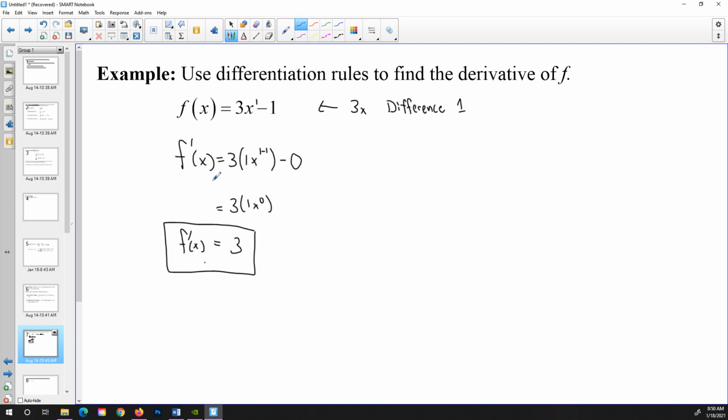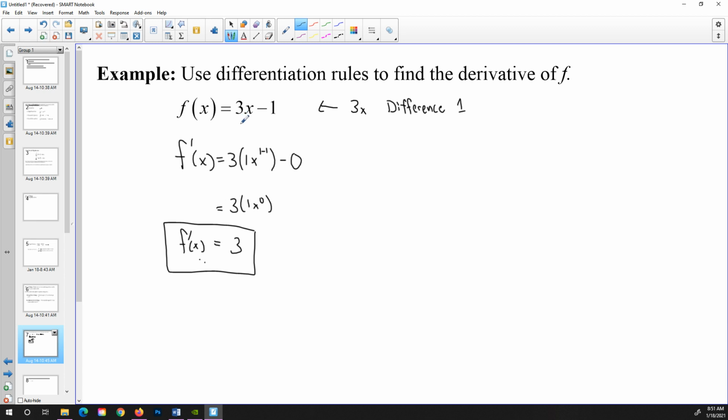Now remember, what does the first derivative give us? It gives us the equation for the slope of tangent lines at any given point. This original function, f of x equals 3x to the first, that is a linear equation, y equals mx plus b. Its slope is always constant.